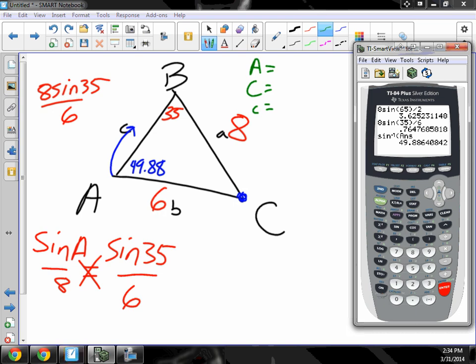So let's figure out the first set to begin with. This is 49.88. So to find big C, 180 minus the answer minus 35. Big C is 95.11. How do I find little c?